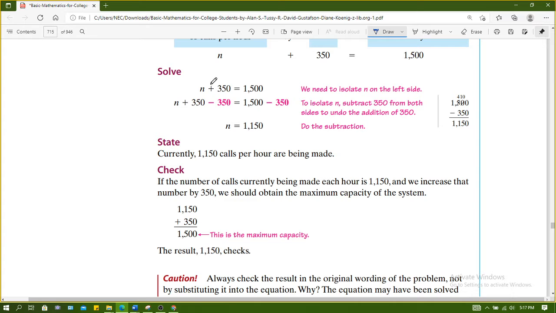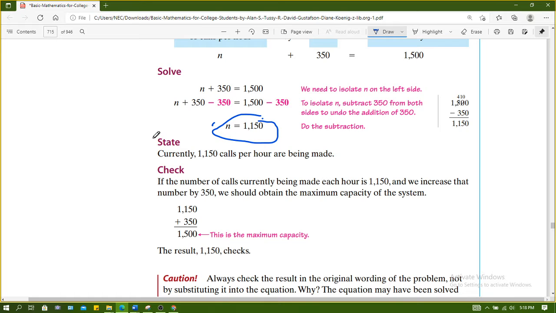Since this is addition, we need to remove 350 from both sides. So, 350 minus 350 and 1,500 minus 350. And we get n is equal to 1,150. We do the subtraction.